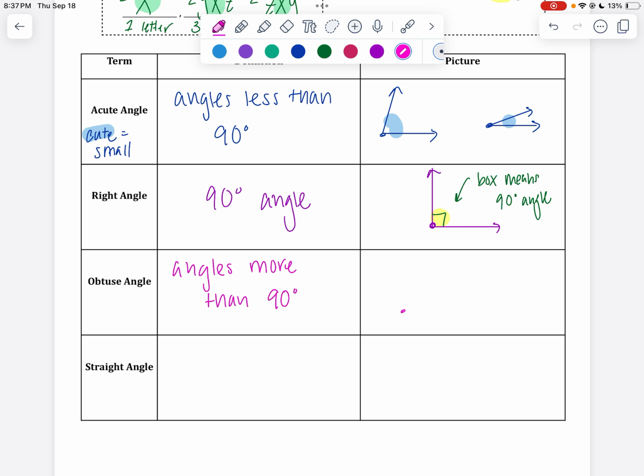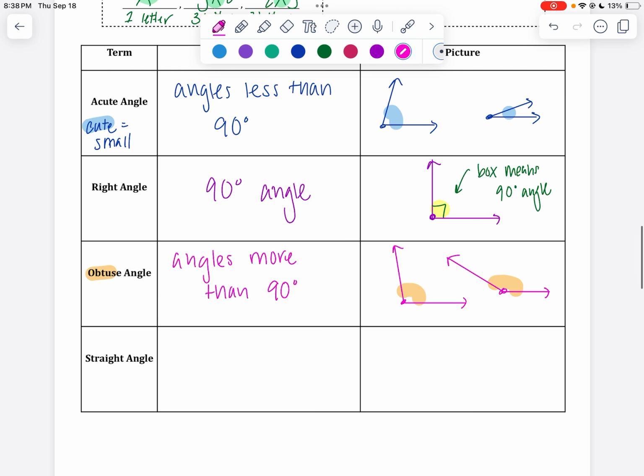And same thing, I can start with my vertex. I can go this way. I can go a little bit more than my 90-degree angle. I can also do my vertex, a ray going this way, a ray going that way. It's all of these bigger angles.